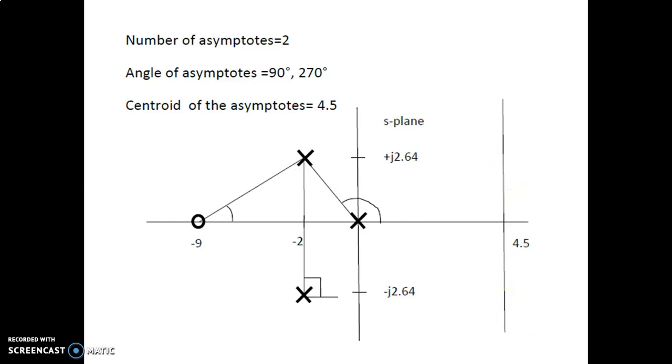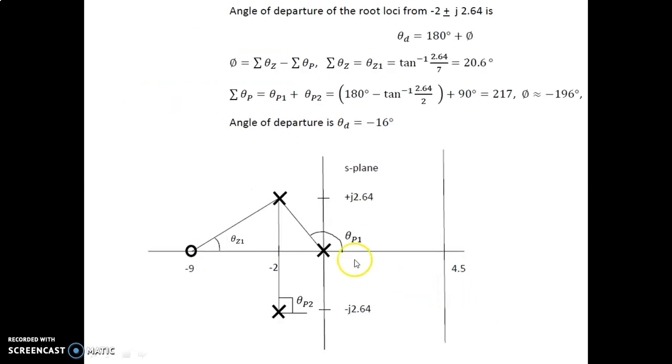So let us see how these root loci will move from the open loop position. Since we have complex poles, we are supposed to find the angle of departure. The angle of departure for the root loci at -2 plus j2.64 is given by theta d equals 180 plus phi, where phi is the summation of theta z minus the summation of theta p. The summation of theta z is nothing but our only zero.